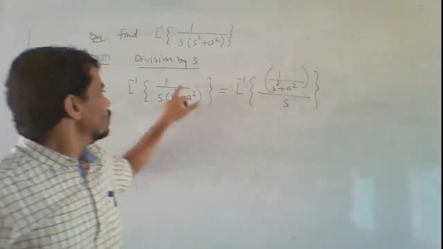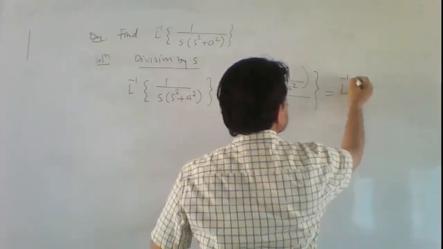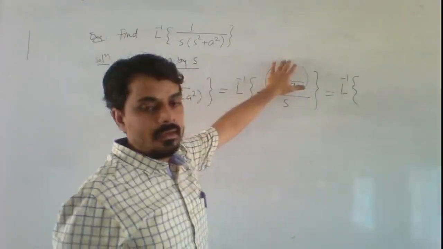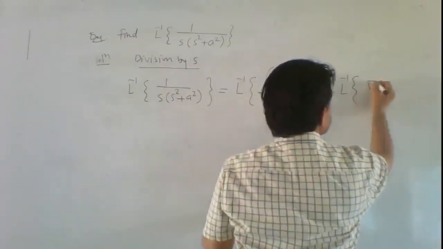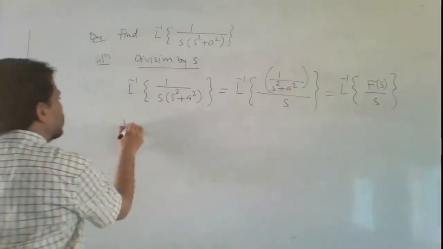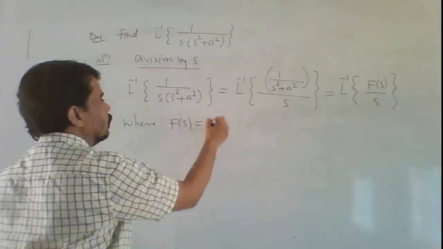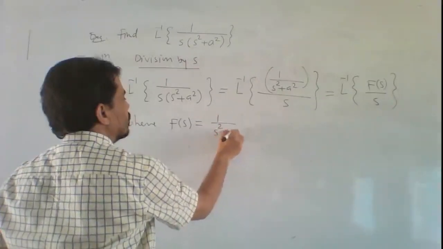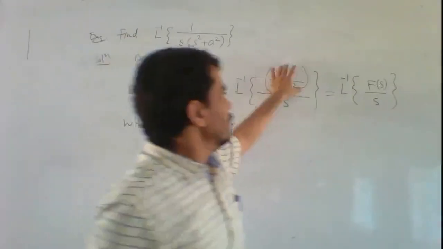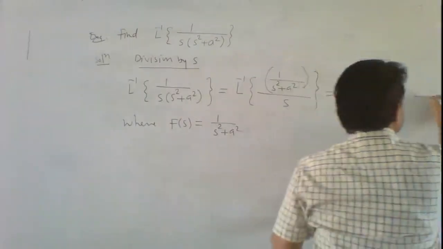Consider the numerator as f of s, divided by s, where f of s is equal to 1 upon s square plus a square. Then obtain L inverse of f of s by s using the division by s property.